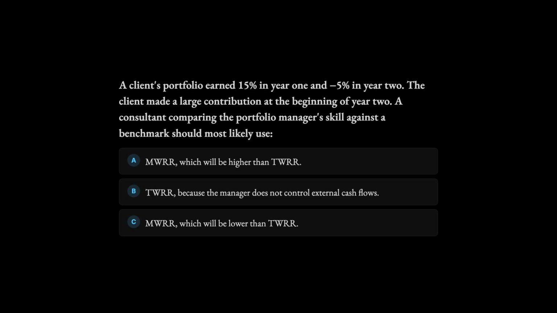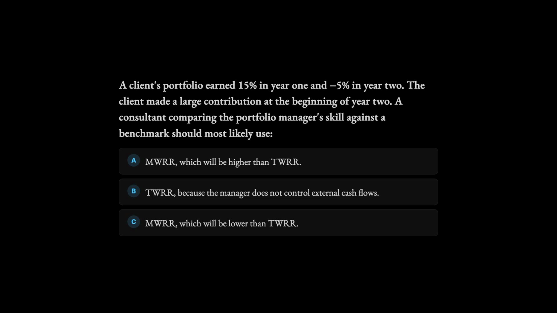A consultant comparing manager skill should most likely use option A, MWRR, which will be higher than TWRR. Option B, TWRR, because the manager does not control external cash flows. Option C, MWRR, which will be lower than TWRR.